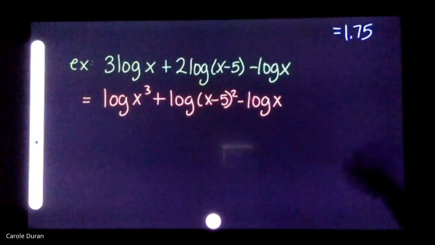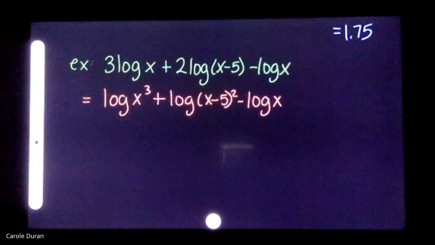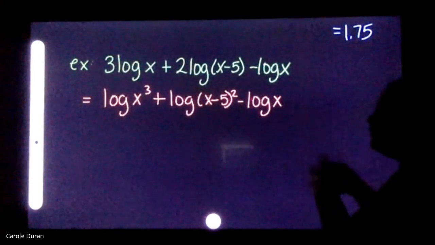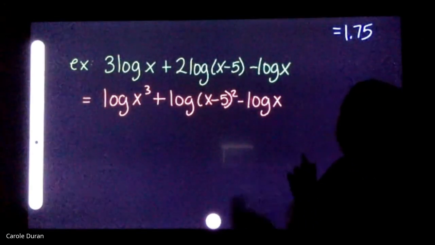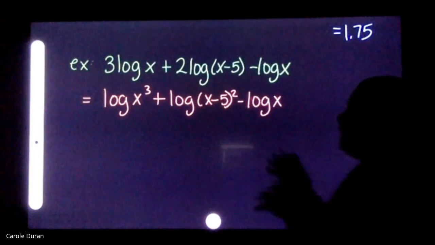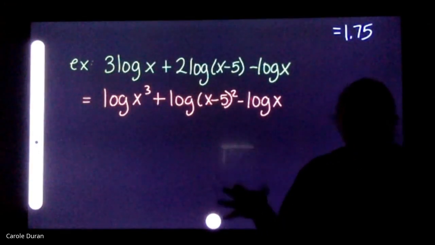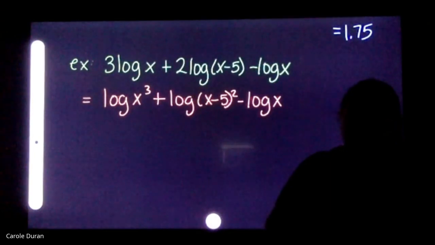Moving left to right, I have addition happening. So what rule deals with addition? The first one, which says, if I have 2 functions inside of a logarithm being multiplied together, it can be rewritten as addition, which means any addition can be rewritten as multiplication, right?